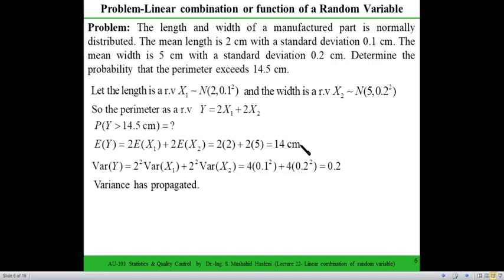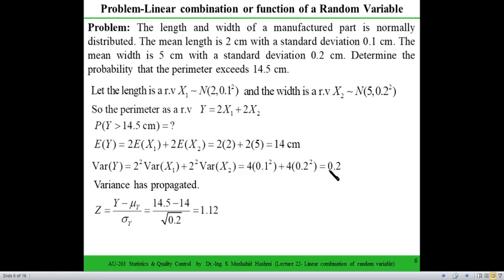We have seen that the individual variance for x1 is 0.1 square, and for x2 is 0.2 square. But the total variance would be 0.2 here. So it means it is not just 0.1 square, it has increased. That is what you call it, the variance has propagated.